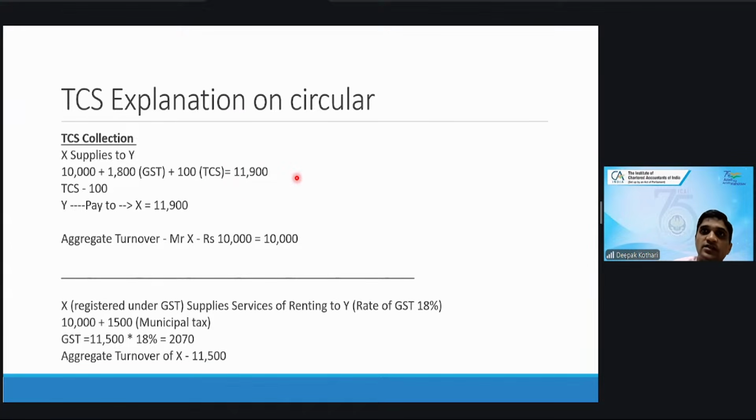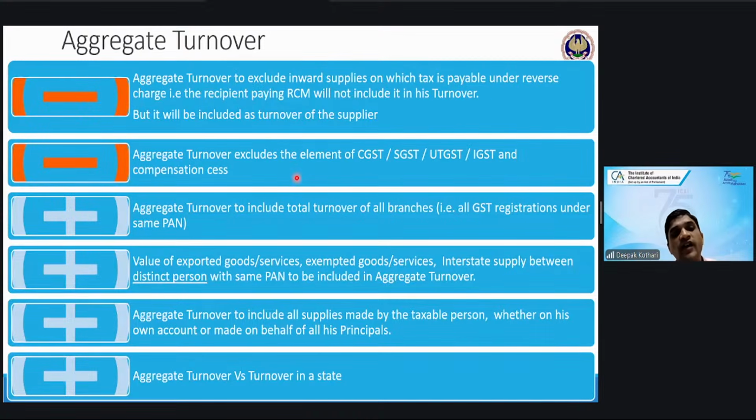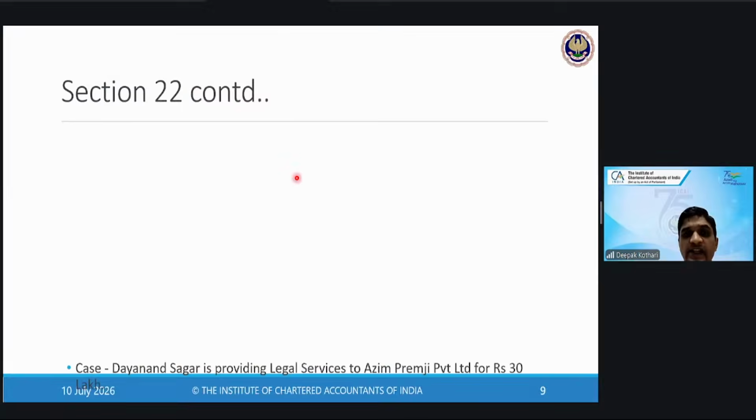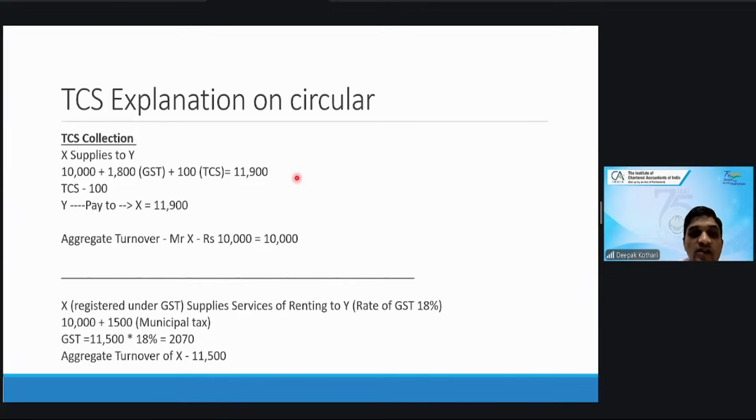So what was the first point we said here? That what has to be excluded? Aggregate turnover excludes the element of CGST, UTGST, and any kinds of GST taxes. But TCS is not a part of GST tax, it's a part of income tax. So should you include 100 in the value? Because from the total sale invoice that I raised for 11,900, 1,800 is gone. That is clear.